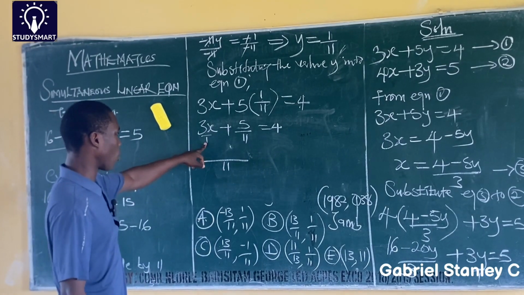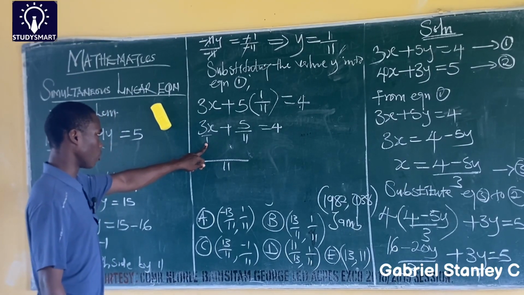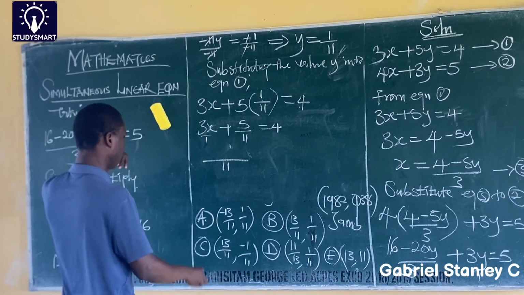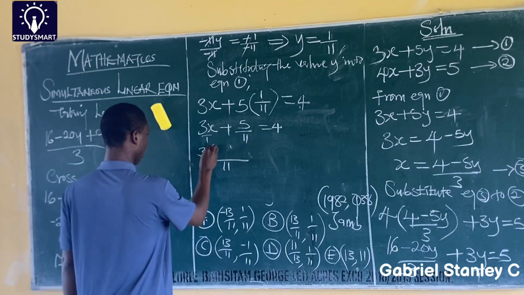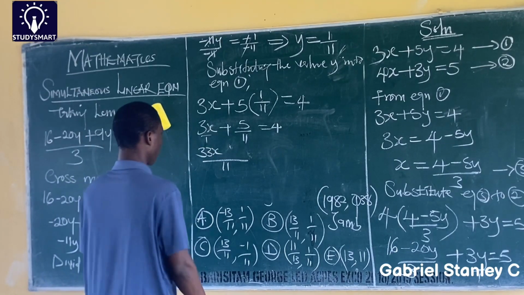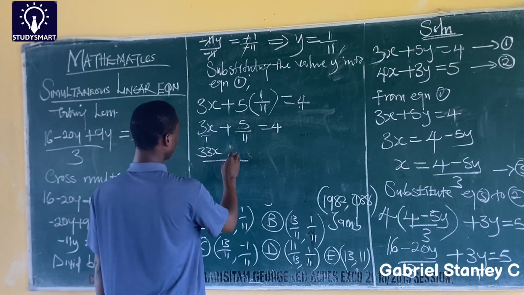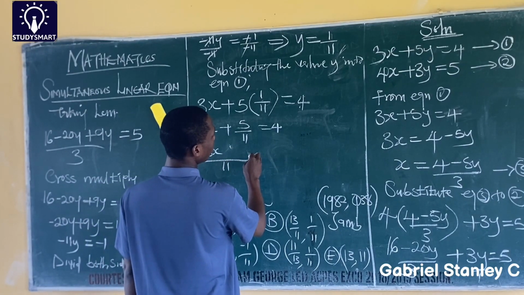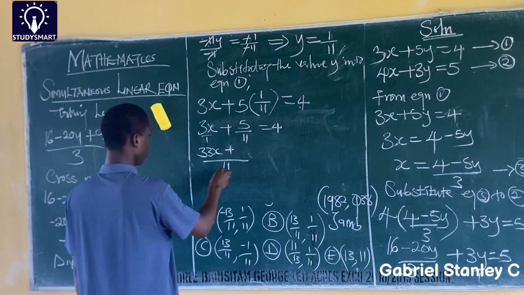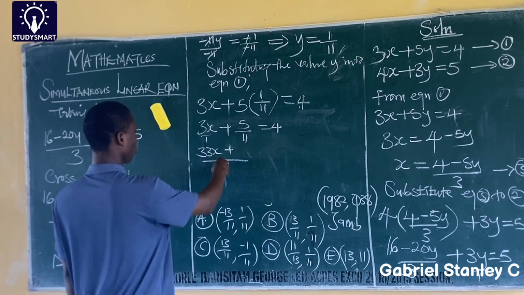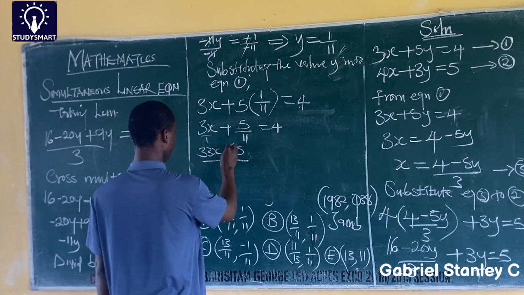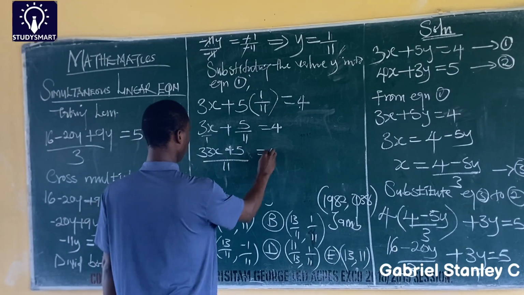So 11 divided by 1 here will give me 11. Then 11 times 3 will give me 33. So I have 33x plus, 11 cancels 11 here, will give me 5, equal to 4.